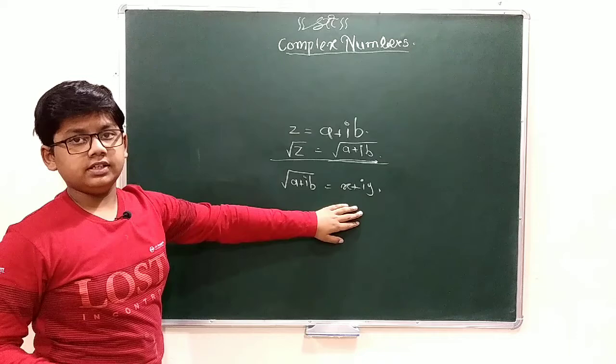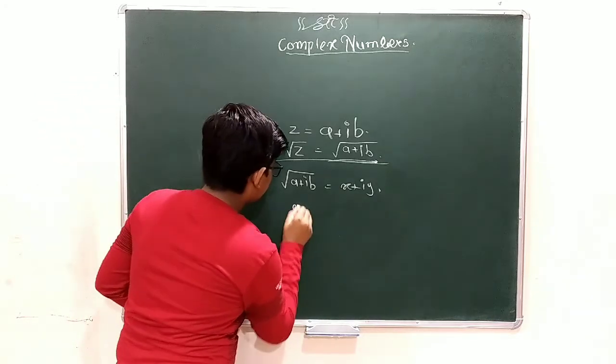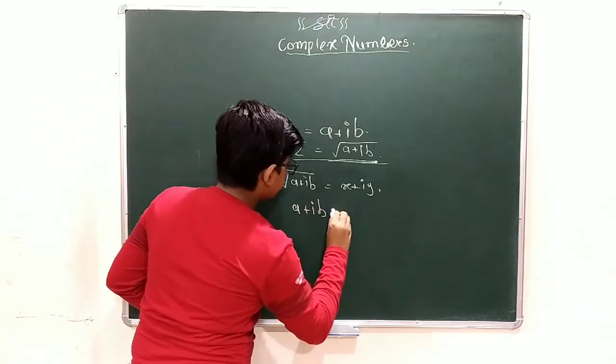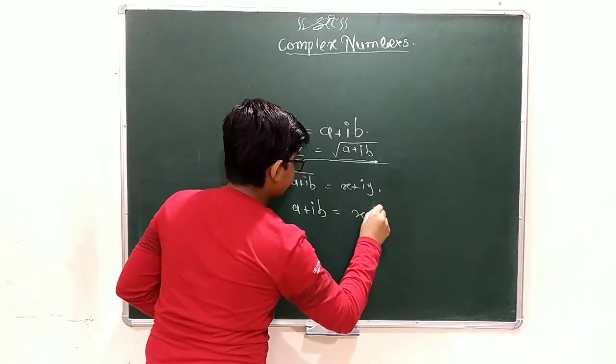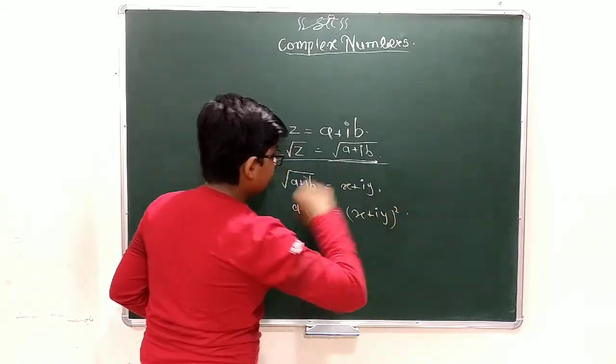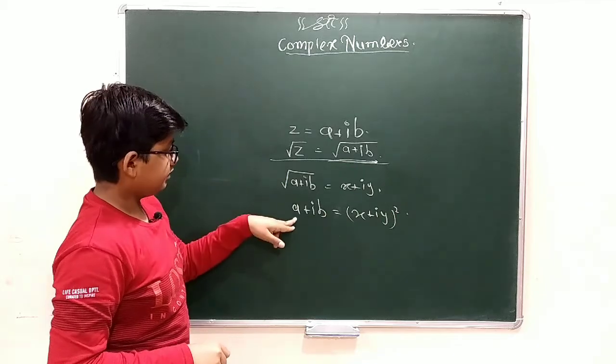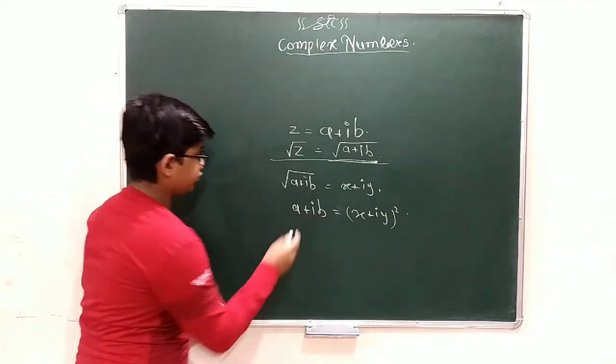Then a plus ib is equal to (x plus iy) whole squared.